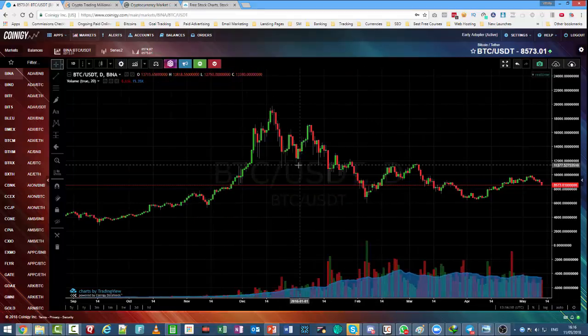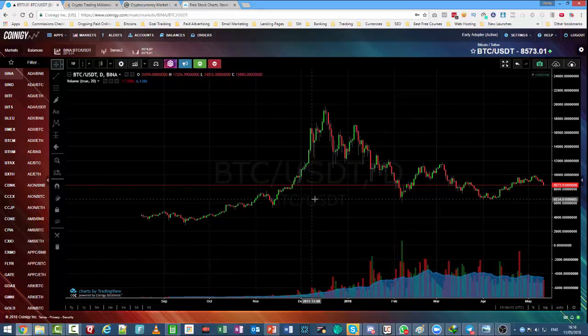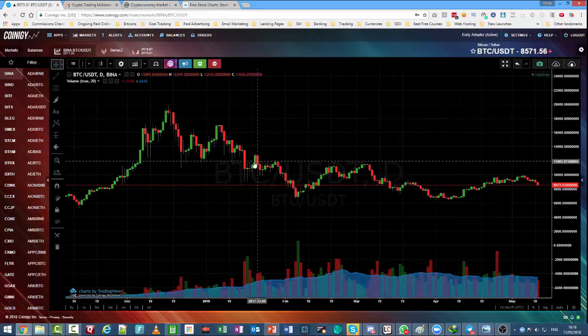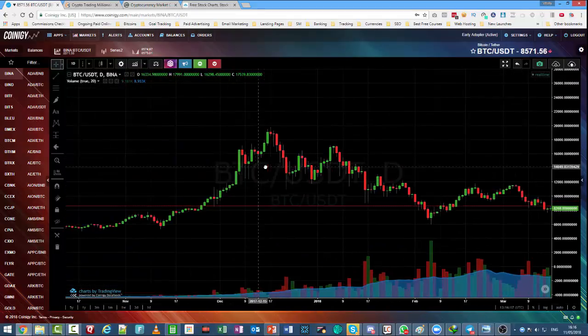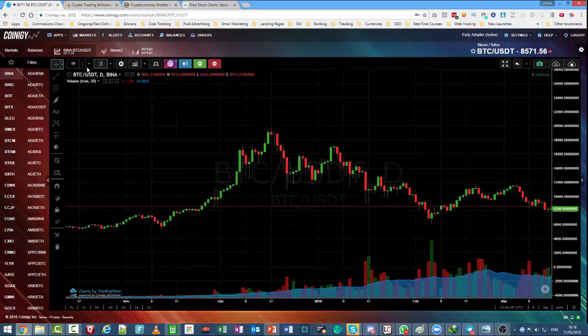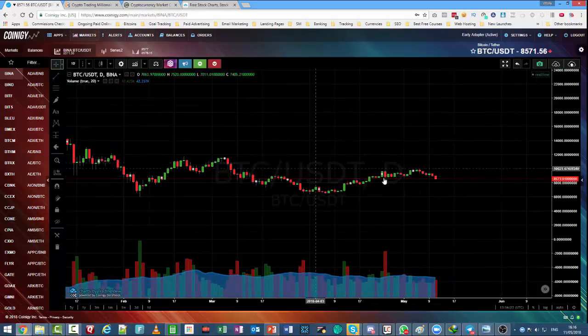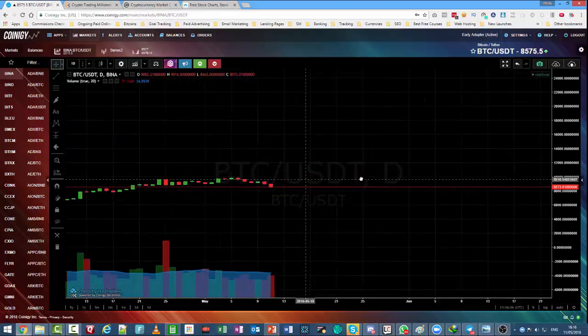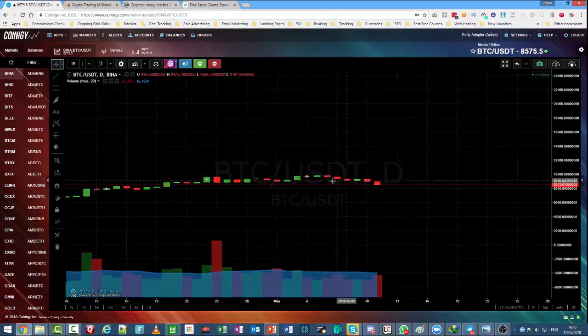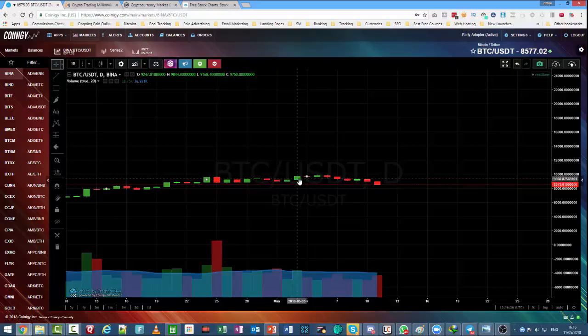The candles show basically the open and closing price for a particular period. If we are talking about a 1 day period, I'm going to zoom in here real quick, and you can see that on May 3rd, for example, the open price was $8,573 and the closing price was $9,713.